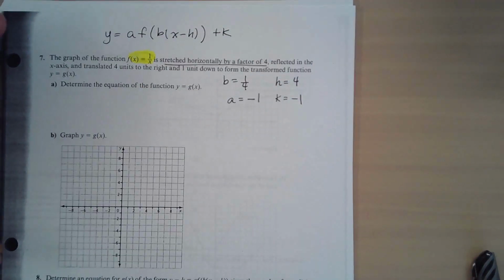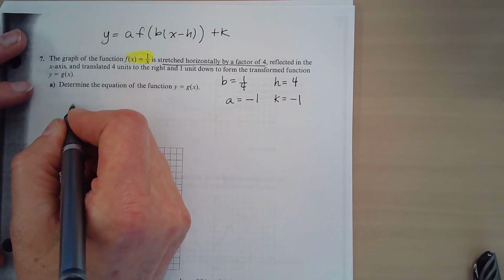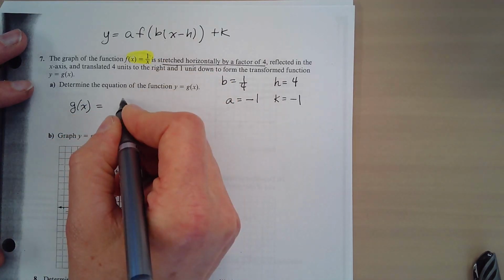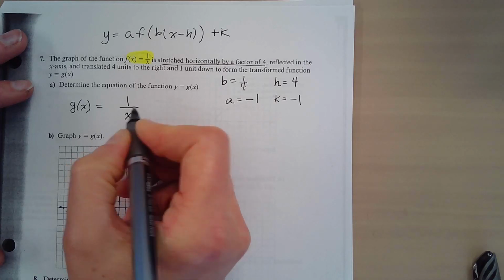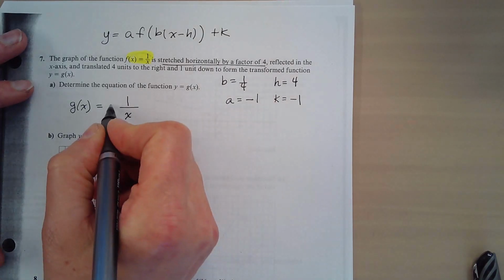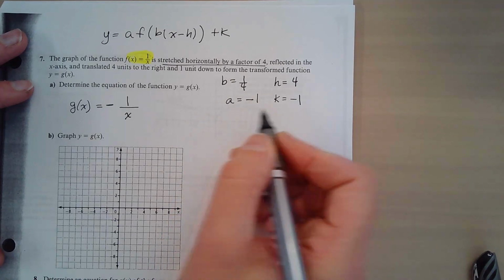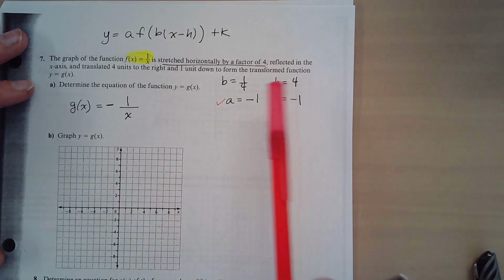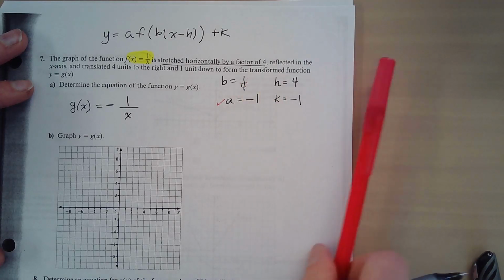Okay. So determine the equation of the function g of x. So g of x will be equal to, I have my 1 over x, that was my original graph. The negative sign goes outside here, that's where my a value goes. So I've done that one. Where does the b get attached? What variable does b get attached to all the time?